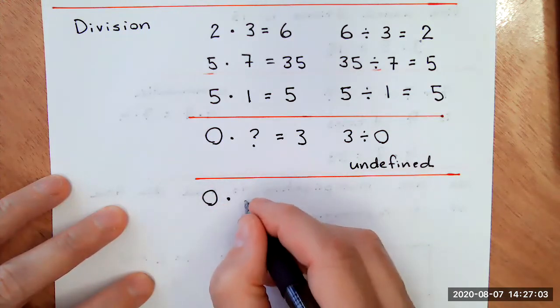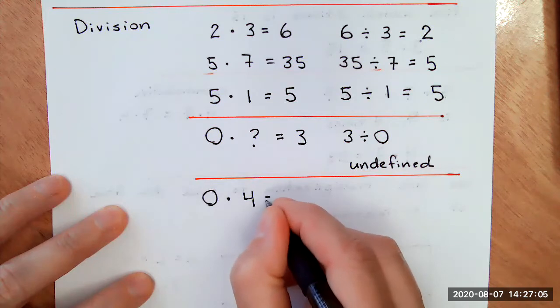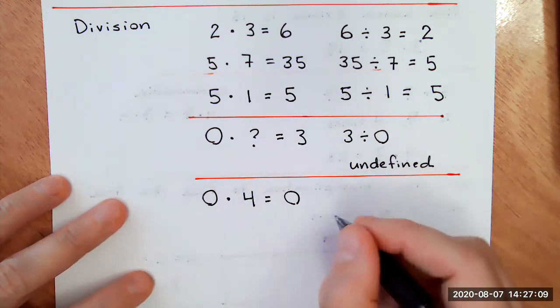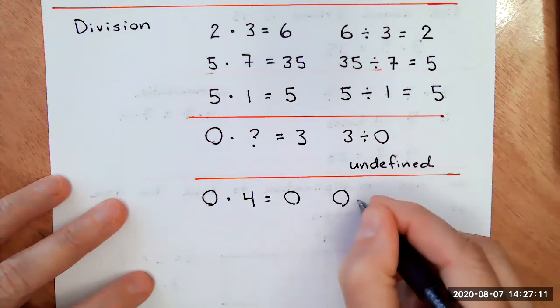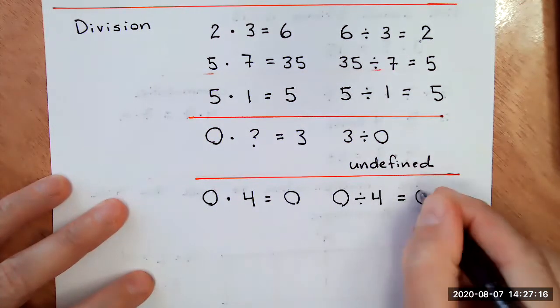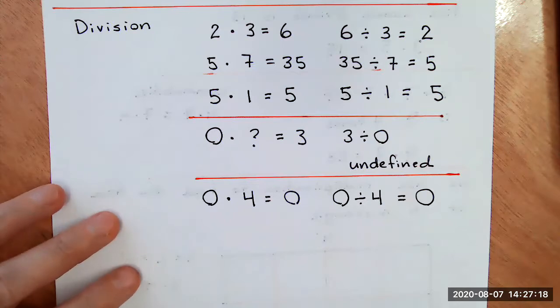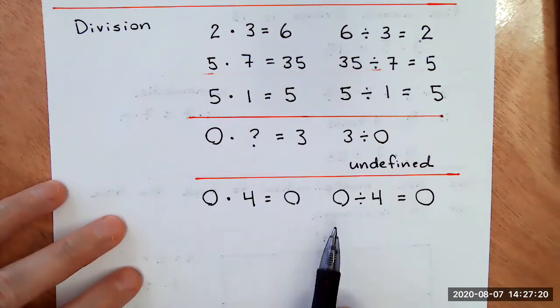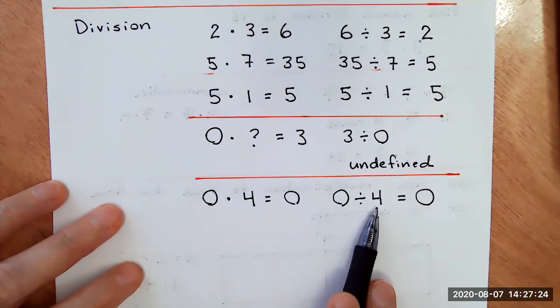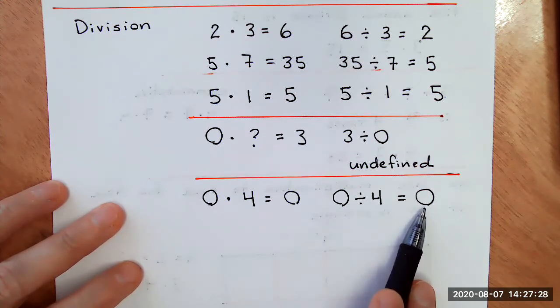However, what's 0 times 4? Well, that's going to be 0. So 0 divided by 4 is 0. Think of it this way. If you have no pizza and you want to split it up among your 4 friends, each friend gets 0 pizzas.